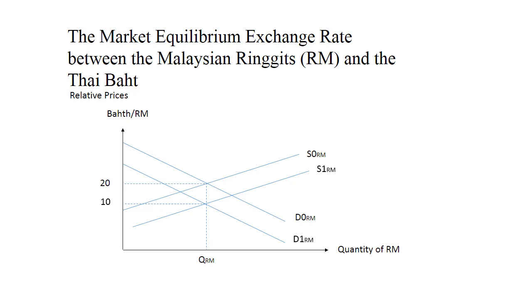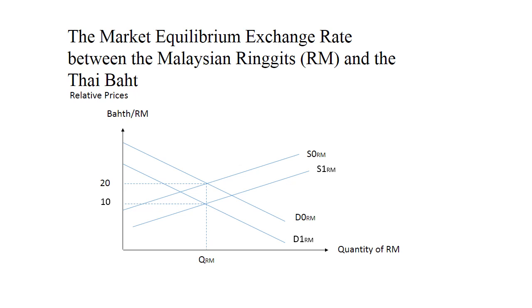So it means that if you want to get 20 baht, you need to provide only 1 ringgit. Now, when the exchange rate decreases, you can see that you need 1 ringgit to get only 10 baht. Okay, so it means that the ringgit Malaysia drops.